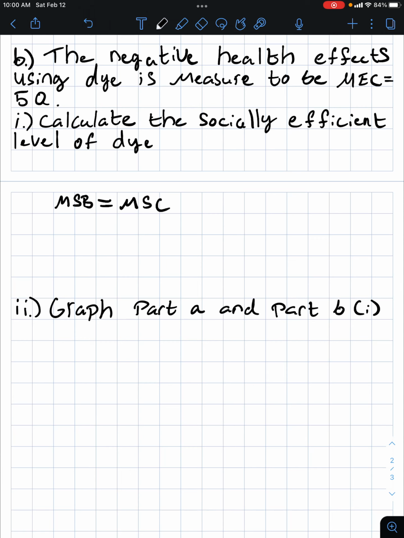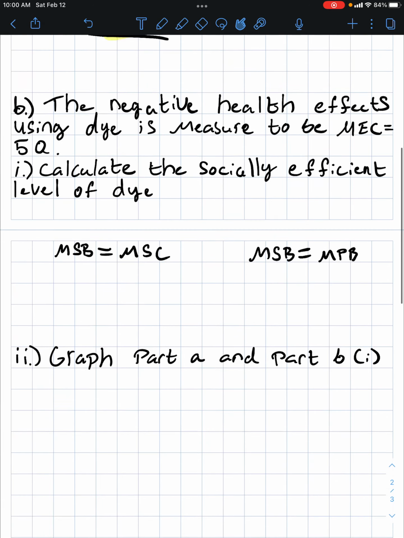Our marginal social benefit is equal to our marginal private benefit.